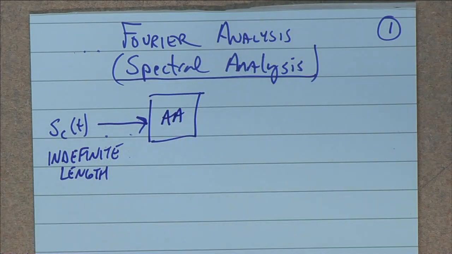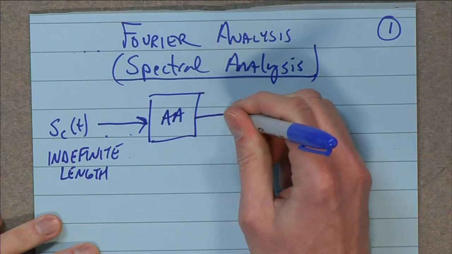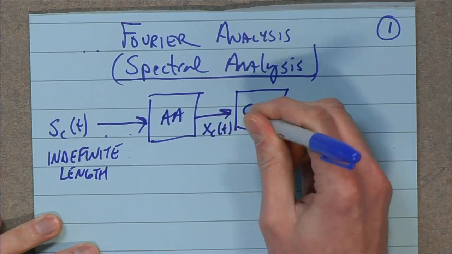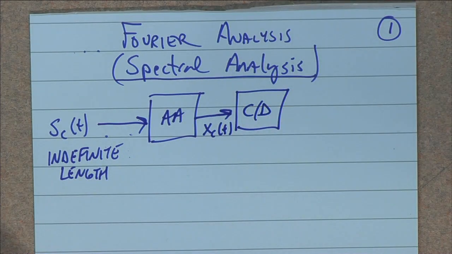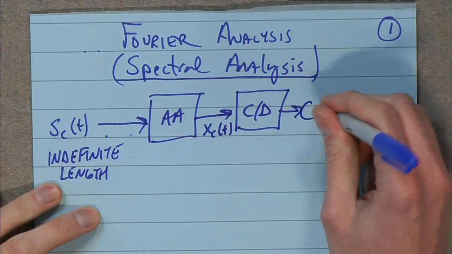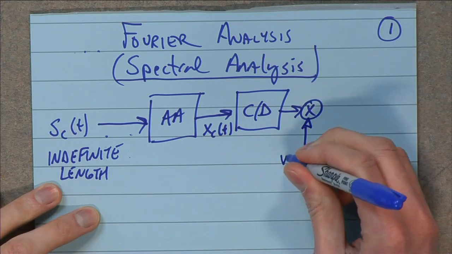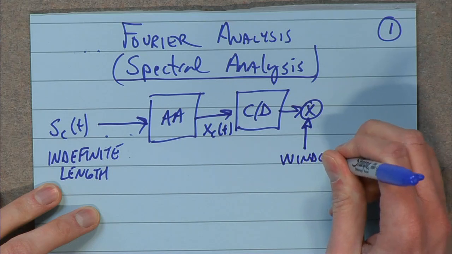And we have an anti-aliasing filter, which we've talked about before. We go into some kind of A to D or continuous time to discrete time converter setup. And then one way to think about it is we extract some portion of this by multiplying it times a window function.